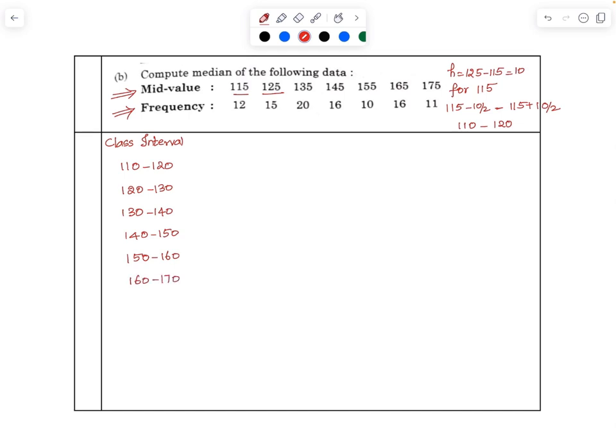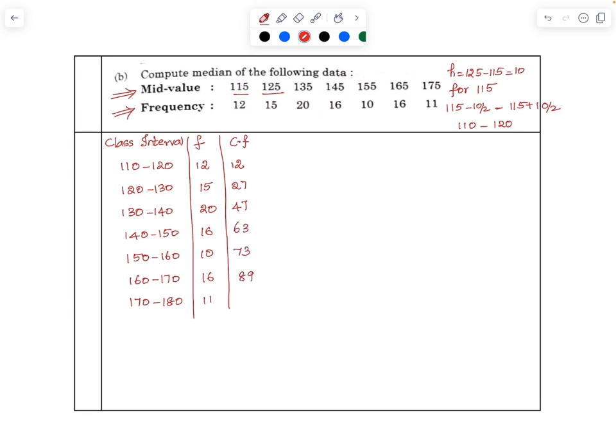For 175, it is 170 to 180. And the frequencies given are 12, 15, 20, 16, 10, again 16, and 11. The cumulative frequencies are 12, 27, 47, 63, 73, 89, and 100.